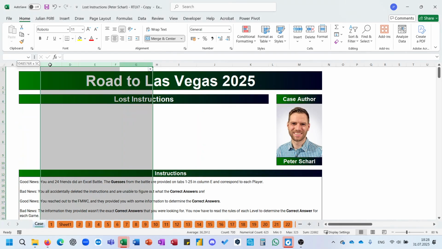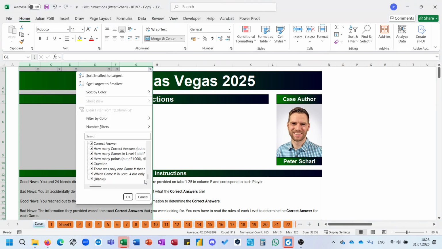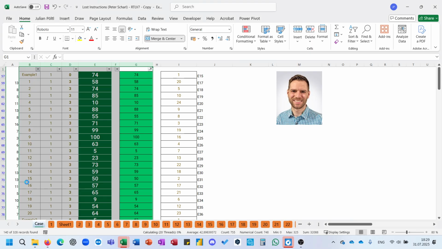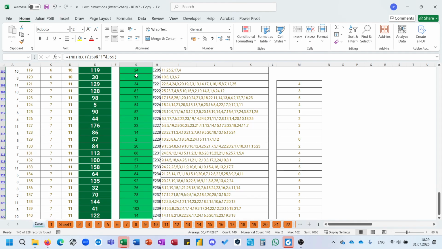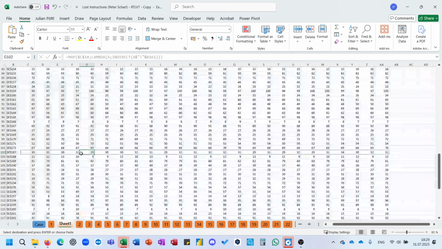I need two filters. First, filter here everything out that is not a number. And then filter here the examples out. And now I have all the searched answers, or the right answers.